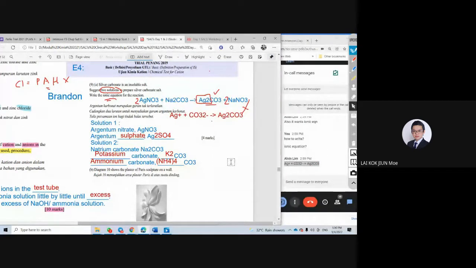This can get perfect marks. So all 4 marks gone. Got already. Agree. Yes, you have to put 2. Be careful. You didn't complete the balancing. Okay, well done. So all the 4 marks you get already.